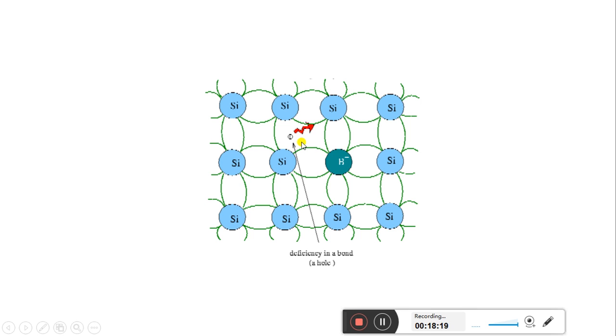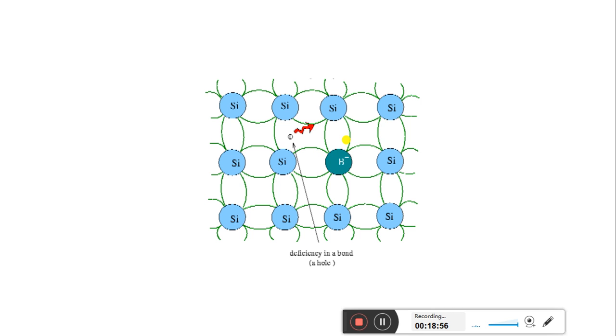If we have further doping impurity, there will be more holes created in this structure, and this way a large number of holes will be available in the p-type semiconductor. That's why p-type and n-type semiconductors are called extrinsic semiconductors, with majority carriers of holes in the p-type, and majority carriers of electrons in the n-type.